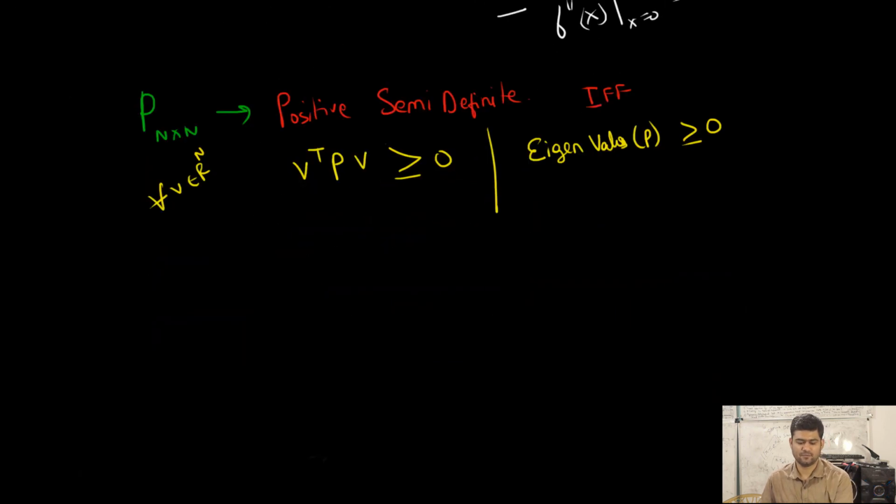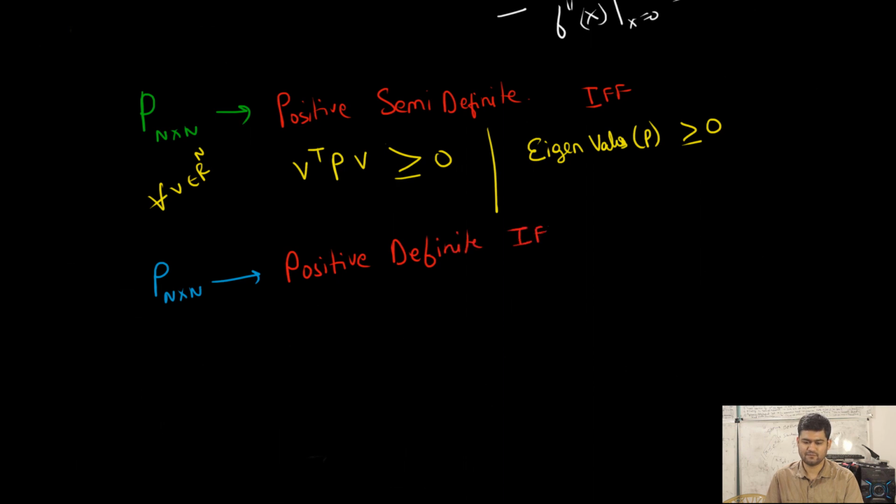Likewise, a matrix P, which is an n by n matrix, is positive definite if and only if, for all v, v transpose times P times v is greater than 0.